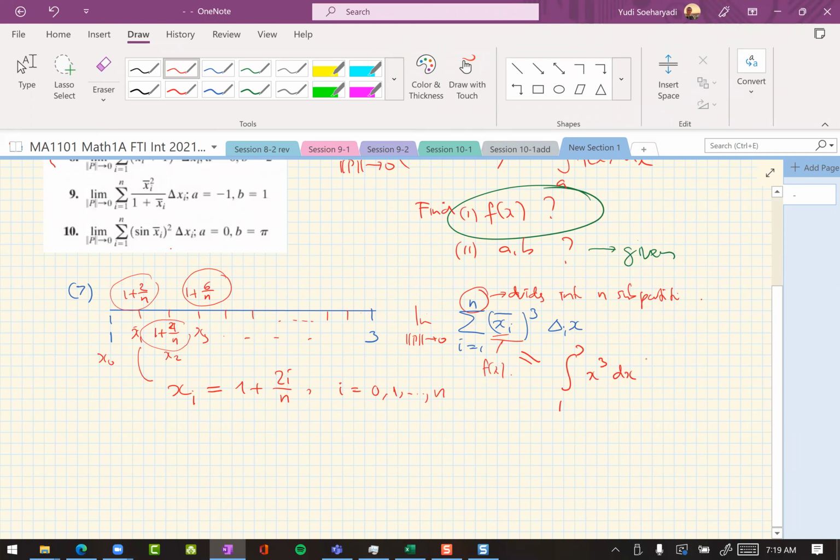So this is what it means. We don't actually need this one. Later on, we use this.